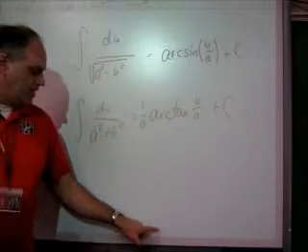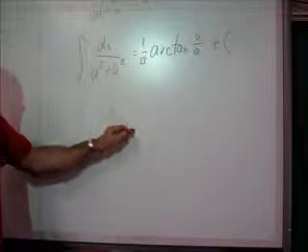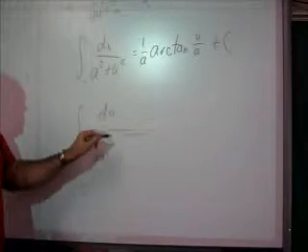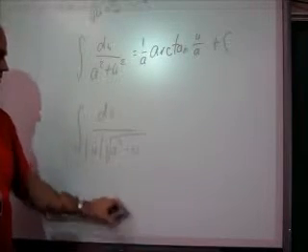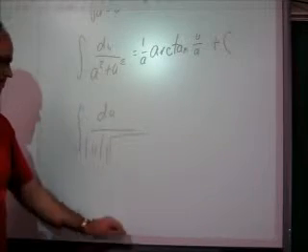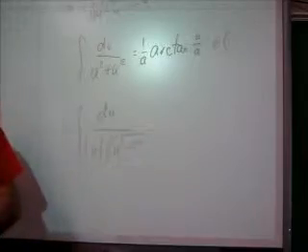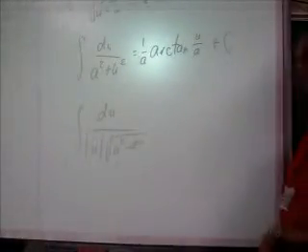And then, last but not least, the integral of du over the absolute value of u times the square root of u squared minus a squared. Is it again a 1 over a times the arc secant of the absolute value of u over a?